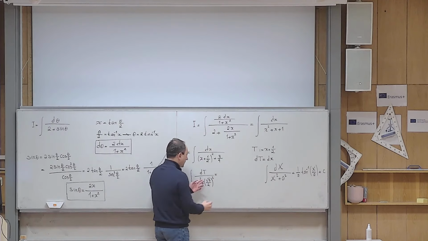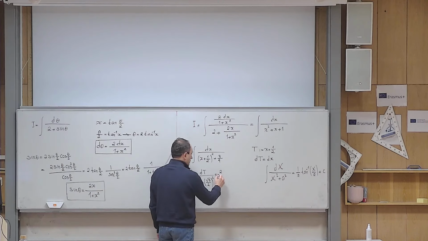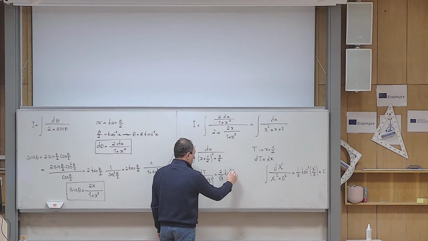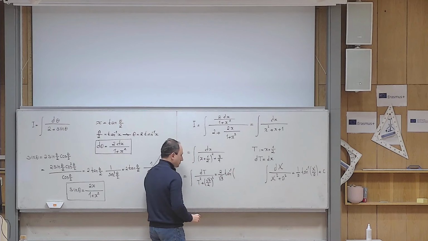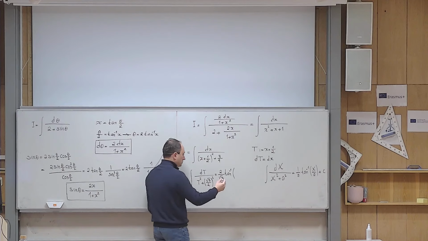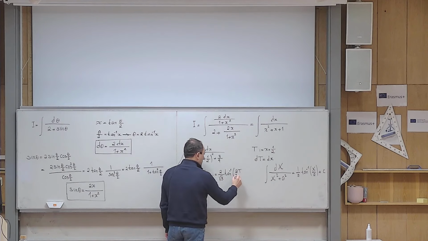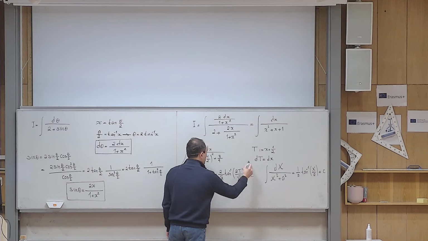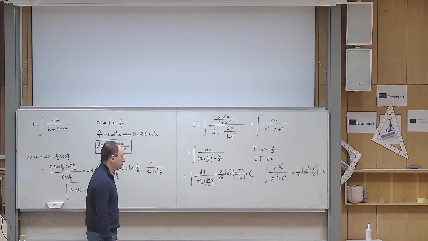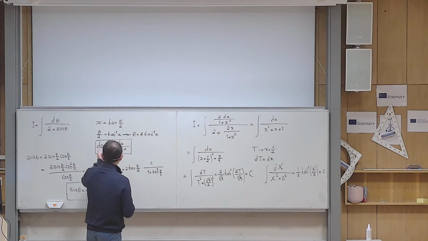So it becomes 1 over a, which becomes 2 over square root of 3 tangent inverse of T over this number. T over this number, 2 goes into the numerator, becomes 2T over square root of 3 plus a constant c. But now I have to switch back to my original variable theta.